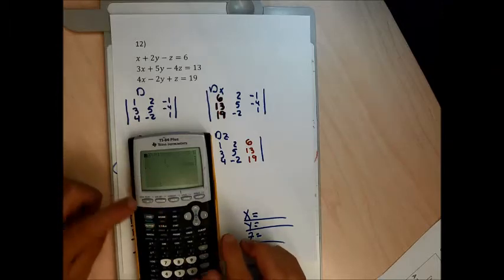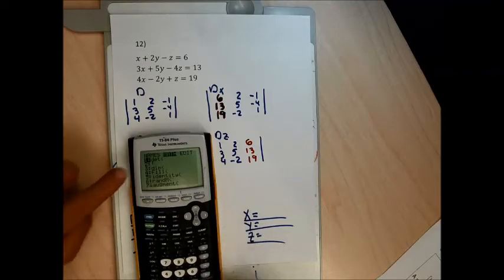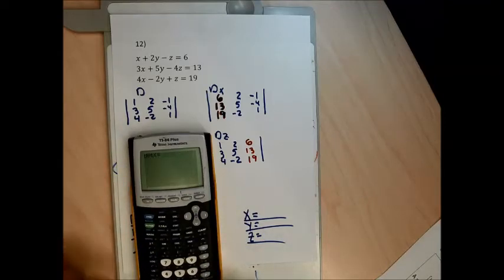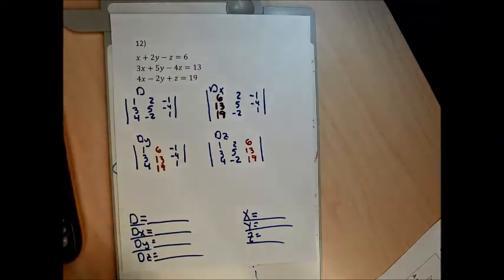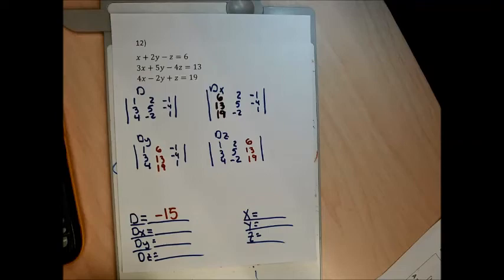Quit. And then second matrix over to math, enter on DET, and then second matrix, enter on names, enter again, and it's going to give me a number for D. D is negative 15. So in my answer, next to the D, I'm going to put the number negative 15.